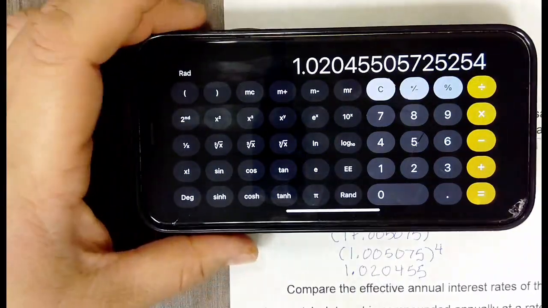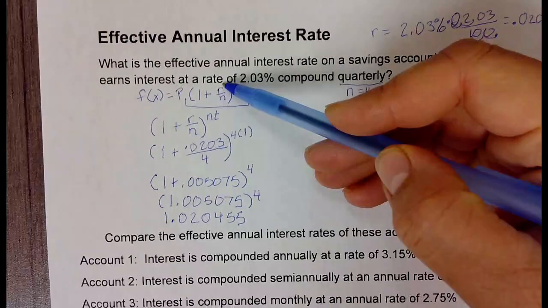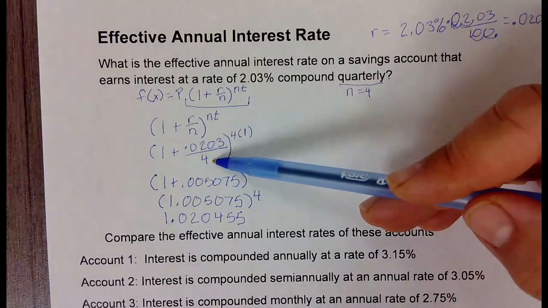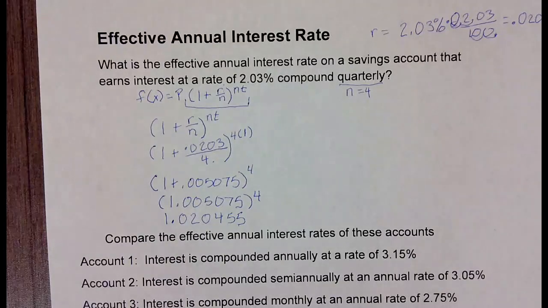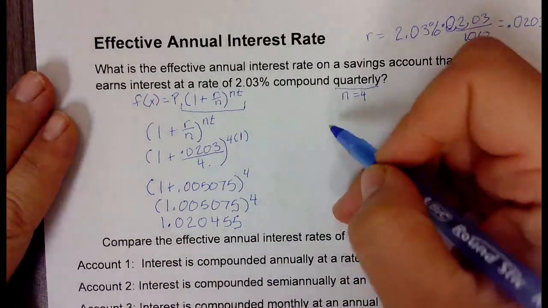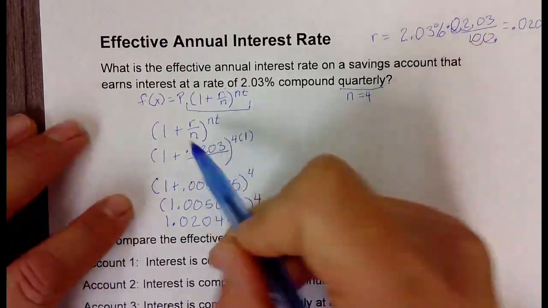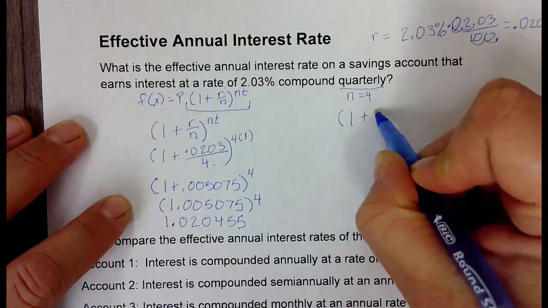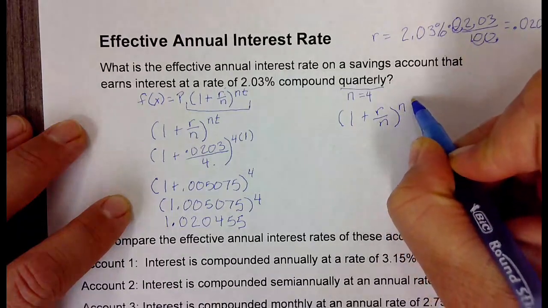All right, so like I was saying, I want to know what would my rate be if n was 1, so an annual interest rate, instead of 4, which is a quarterly interest rate. So I'm going to look back at this little section. 1 plus r over n to the power of n times t.